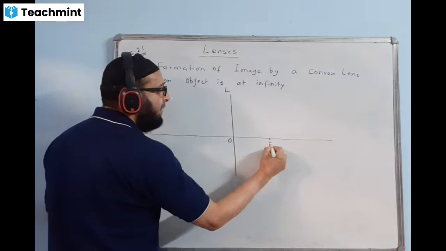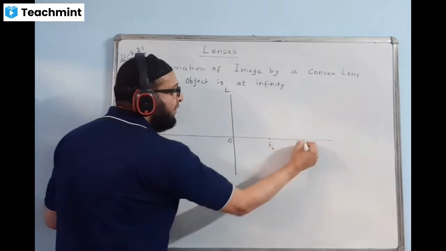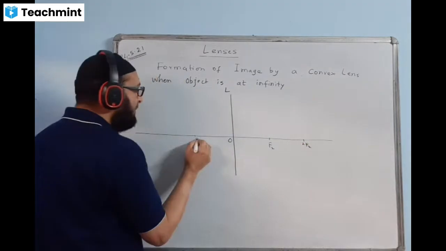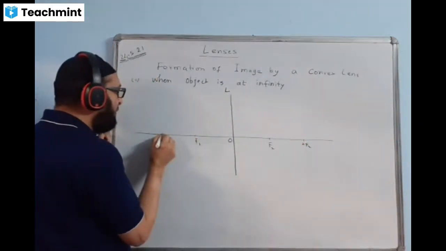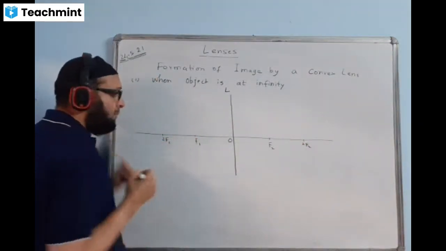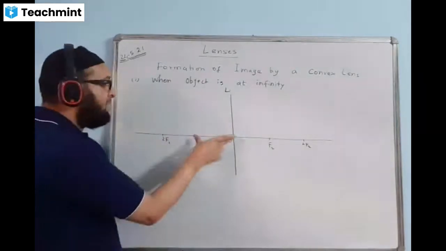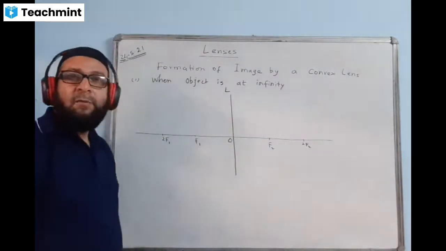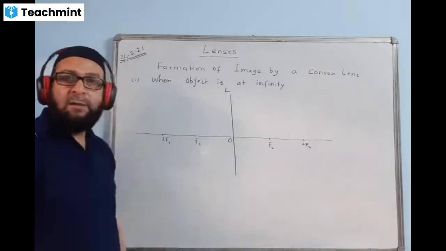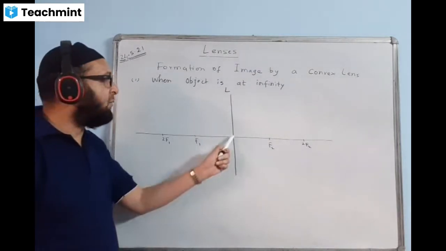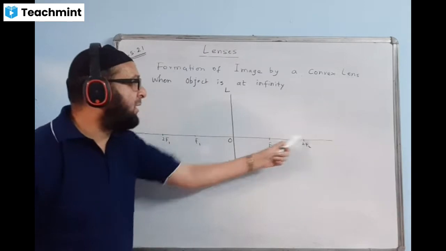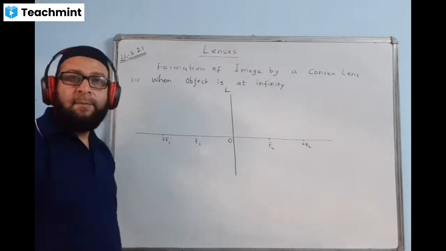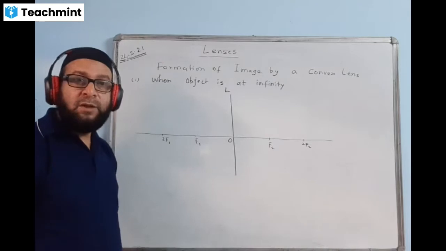Mark here F2, and a further 2 centimeters mark 2F2. On this side mark F1, and a further 2 centimeters, the same distance, 2F1, double of this. We take the distance from O as 2 centimeters and a further 2 centimeters. Using a ruler, we have to do it.